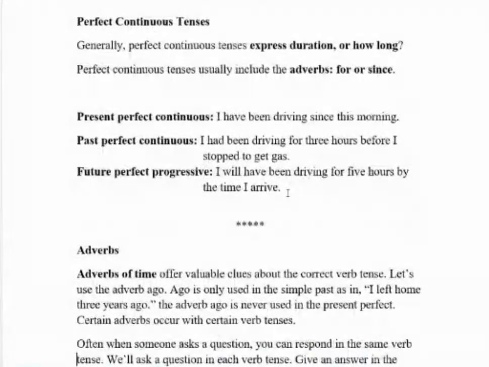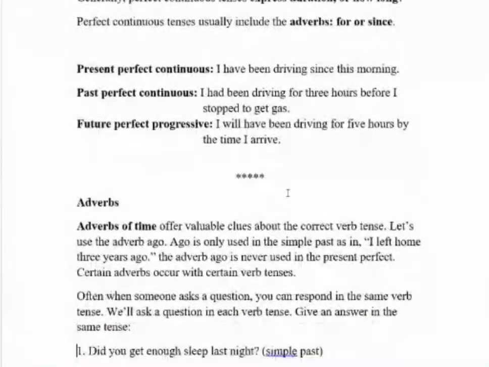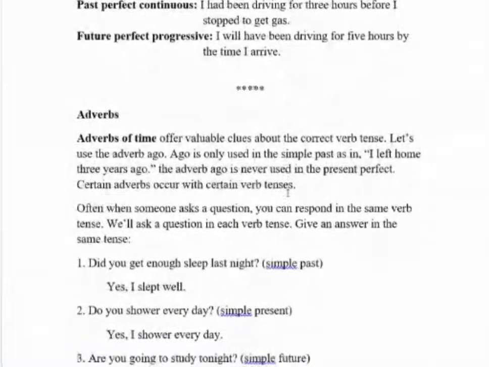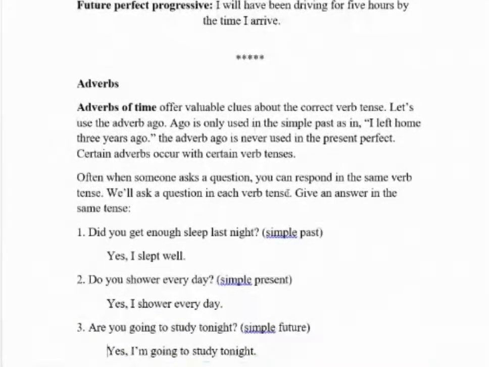So since we are talking about adverbs, let me give you an example. The adverbs of time are very important when we are talking about tenses. For example, the adverb ago.